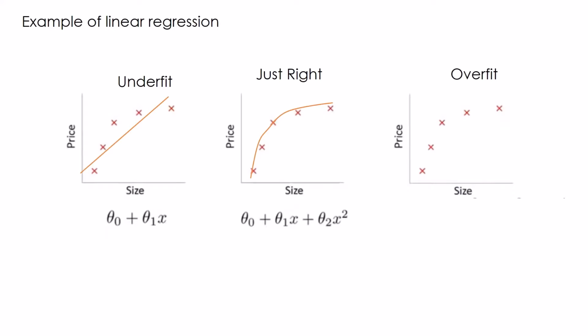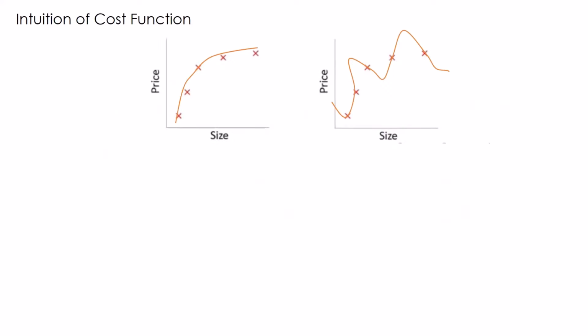The third one is overfit. For the overfit, the curve will pass through all the data set, and the curve will not be as good or as smooth as the other two. The equation will be a fourth-order polynomial.